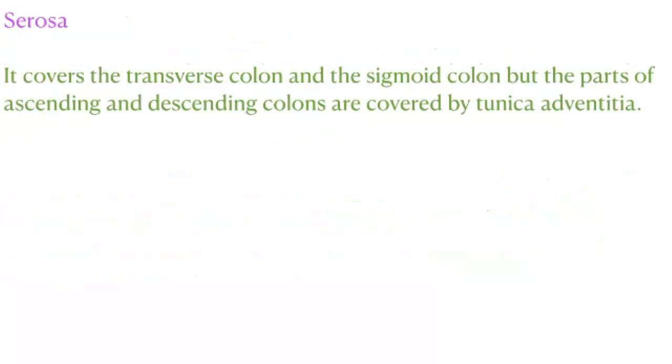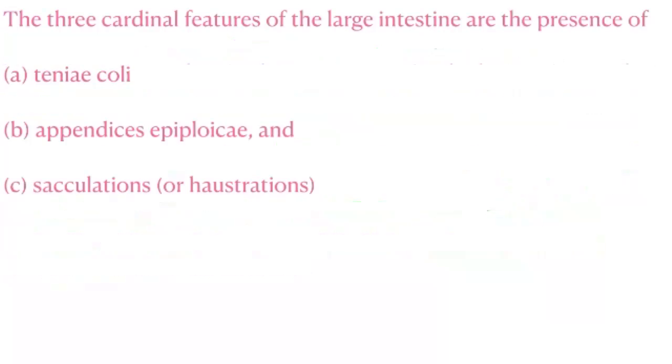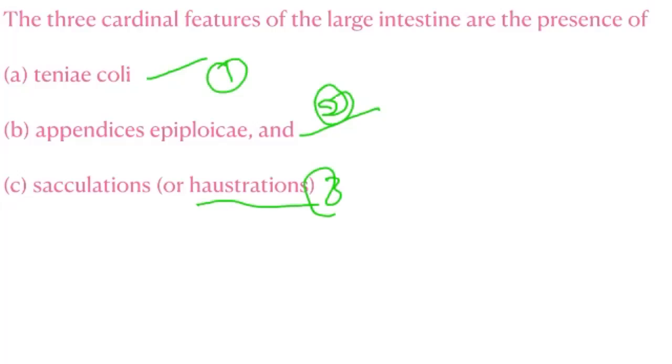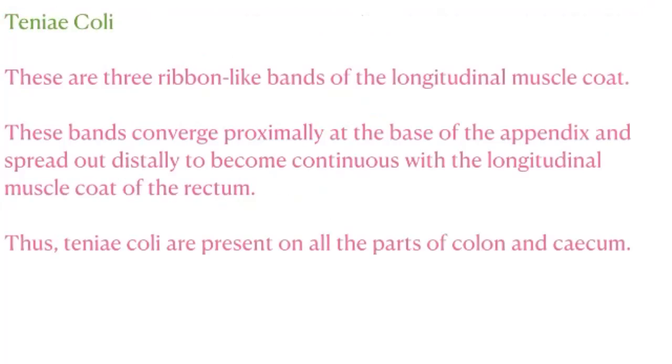The cardinal features of the large intestine are the presence of taenia coli, appendices epiploicae, and sacculations or haustrations, right? Taenia coli, appendices epiploicae, and haustrations. Taenia coli are the three ribbon-like bands of the longitudinal muscle coat.